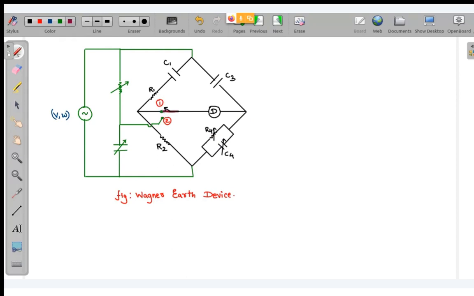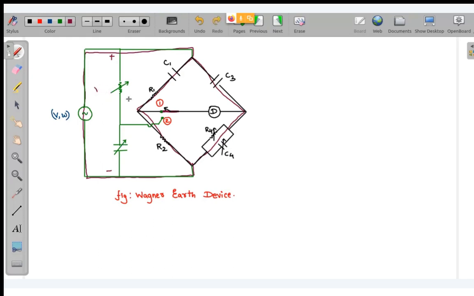When you activate this, the bridge connected will be this circuit. This is your bridge and this will be your source. Now this is not connected, because here it is open. So whatever voltage is generated over here will be just V at omega, where omega is the angular frequency of the source. So this is not playing any role at the moment.